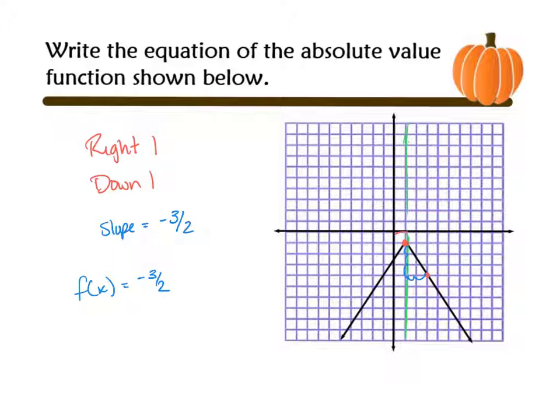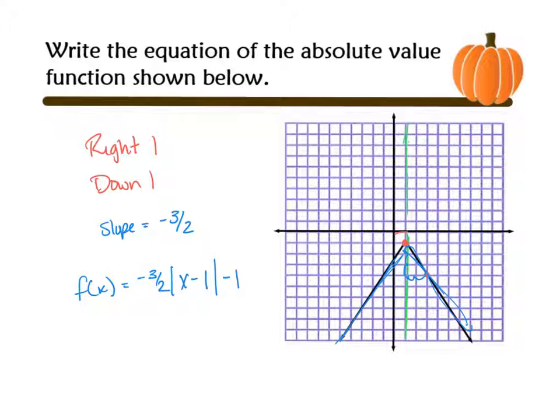That negative sign tells me that my absolute value should be opening down, which makes sense. So now writing our equation, we have f of x equals -3/2. I want my absolute value. It moved to the right 1, so that's going to be x minus 1 inside the absolute value. And then it moved down 1, so it's going to be a -1 at the end as well.